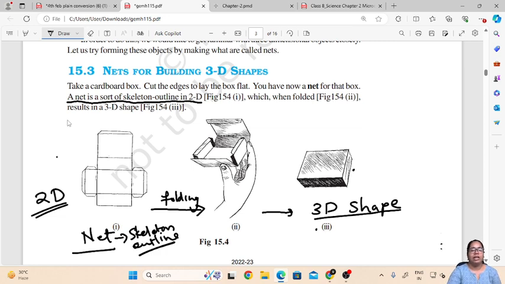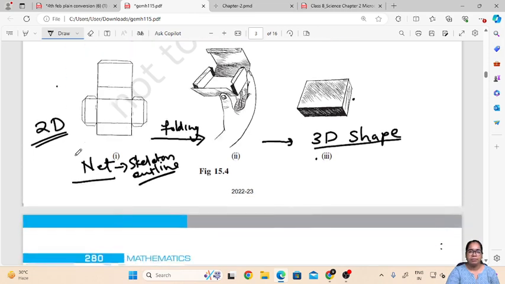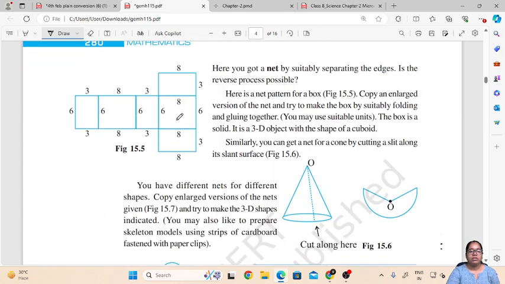So let us now see different nets for different shapes. So now see this.